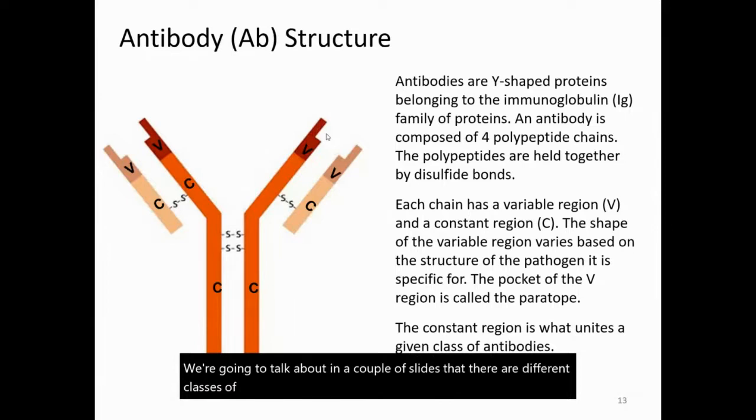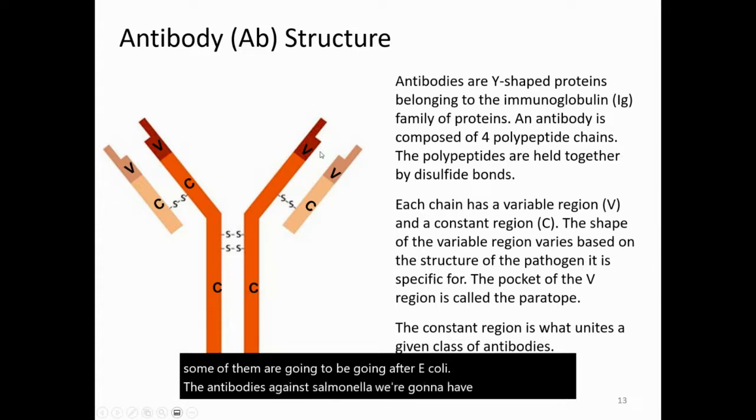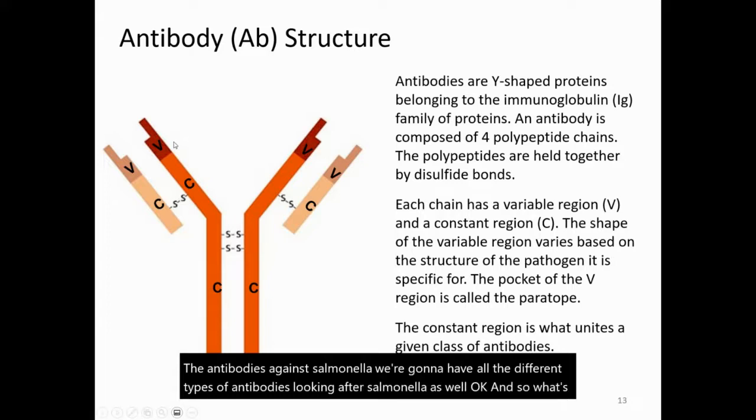Now, we're going to talk about in a couple of slides that there are different classes of antibodies, okay, different types of antibodies that go out and do different things. But we need all of those different types of antibodies for each target. So that means all the different types of antibodies, some of them are going to be going after E. coli. The antibodies against Salmonella, we're going to have all the different types of antibodies looking after Salmonella as well, okay? And so what's going to unite each type of antibody is going to be this constant region, okay?